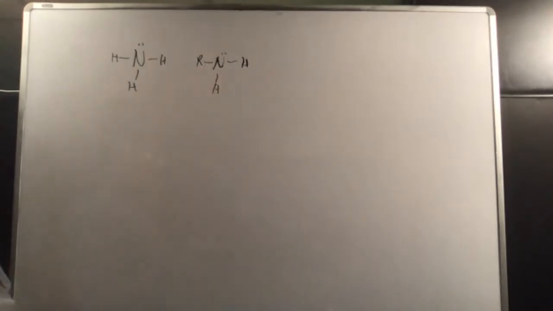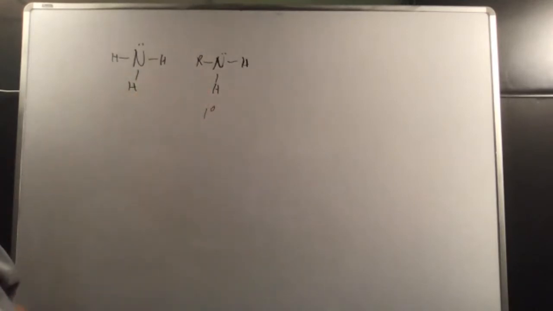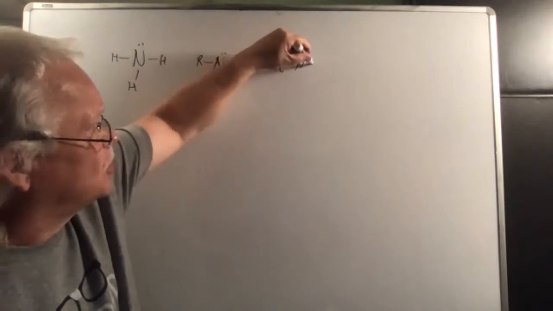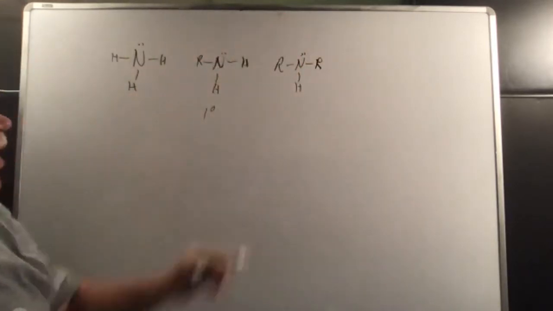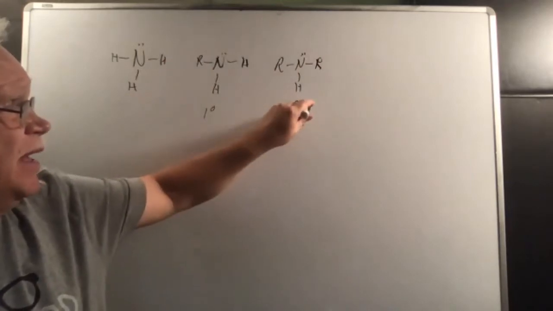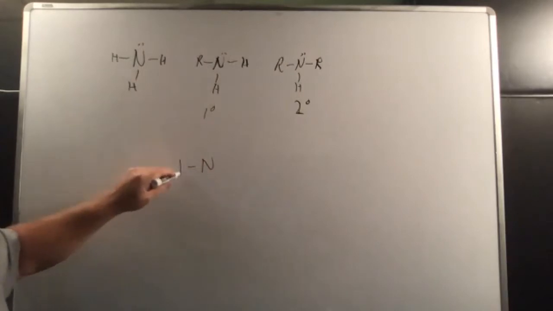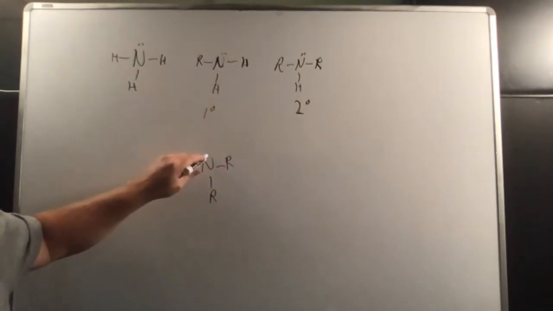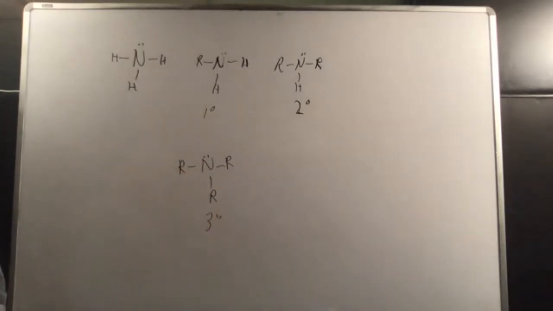So if one of the hydrogens has been replaced, we call that a primary amine. If two of the hydrogens have been replaced with R groups, that's a secondary amine. If three of the hydrogens have been replaced, that is a tertiary amine.